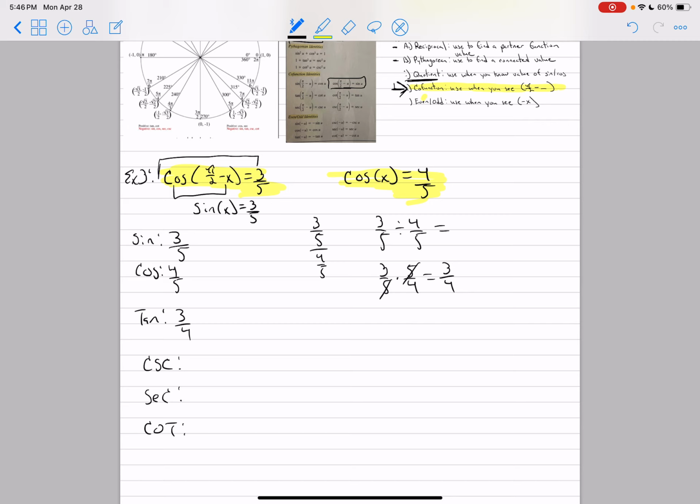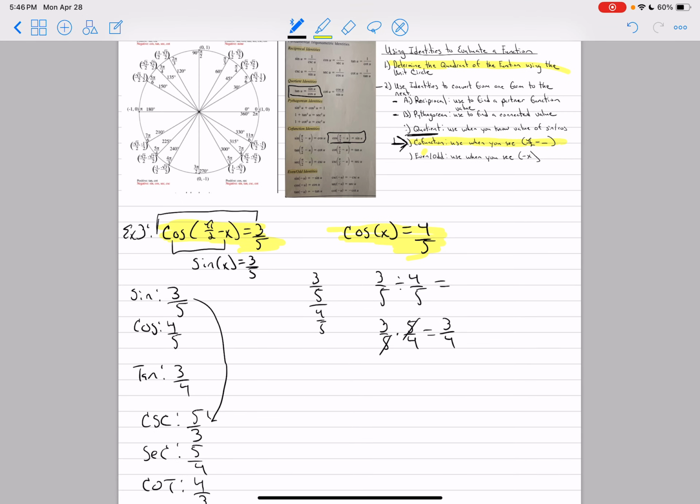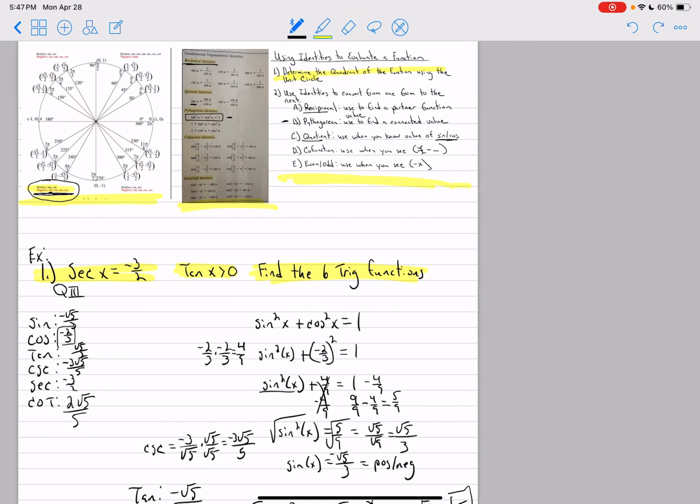Hopefully you did that: cosecant is 5/3, because it's the reciprocal of sine. Secant is 5/4, because it's the reciprocal of cosine, and cotangent is 4/3. This one, super easy. All right, let's keep it moving.